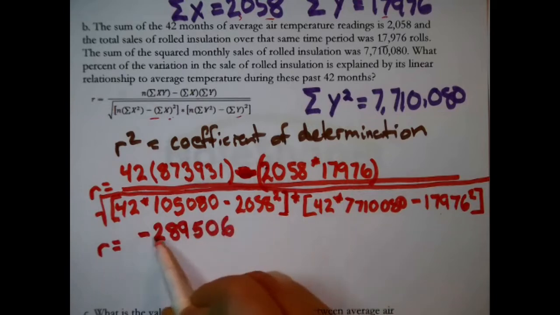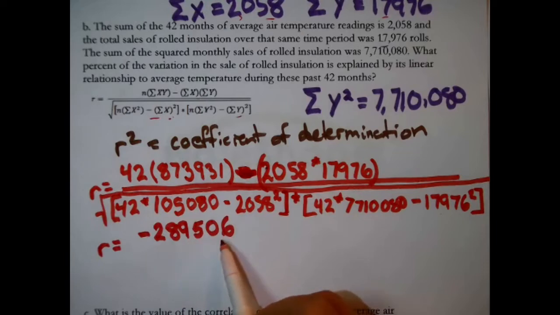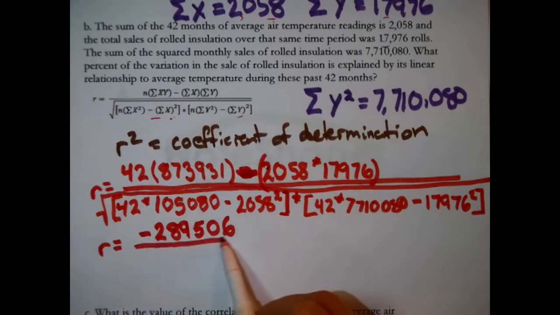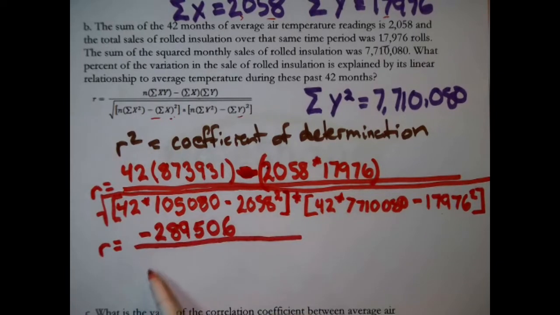289,506, and careful, it's negative. So it's a negative 289,506. Divided by this, the first set of the first brackets here. I'll break it down.